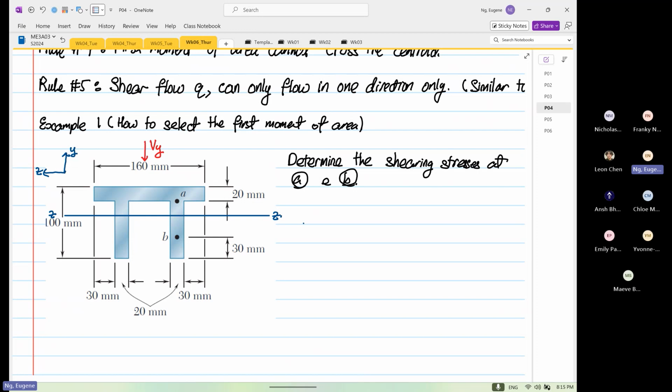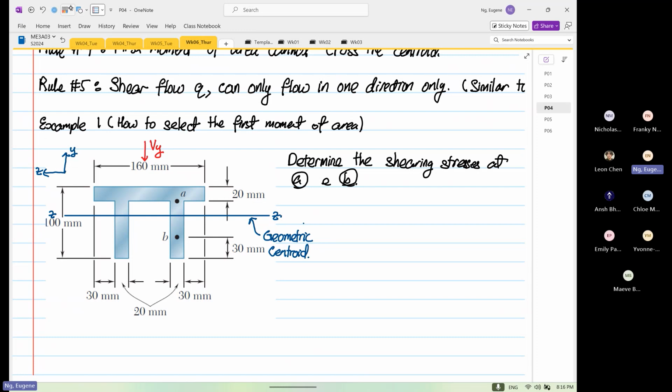So we need to find the position of our ZZ. So the ZZ axis is also our geometric centroid. Okay, this is our geometric centroid.